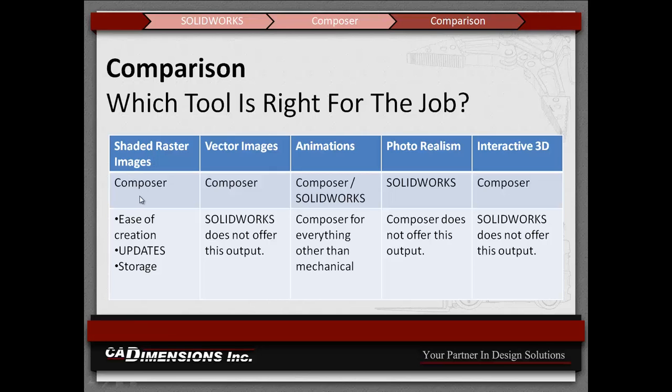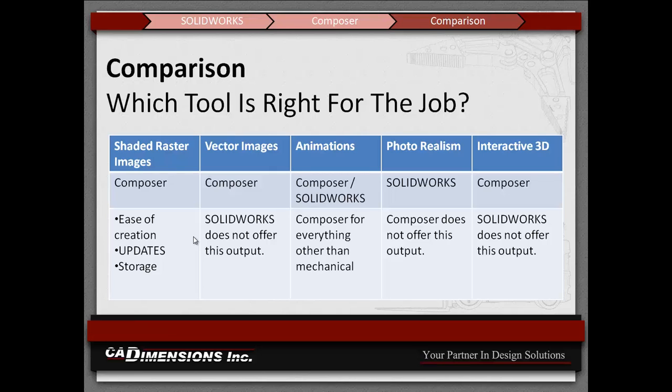And the reason that I choose Composer to create these is, one, ease of creation. In Composer, I can just set things where I want and create a view. Where in SolidWorks, I have to either save a view and save a configuration, or maybe a display state or something like that, to try to capture all of the information that I need.